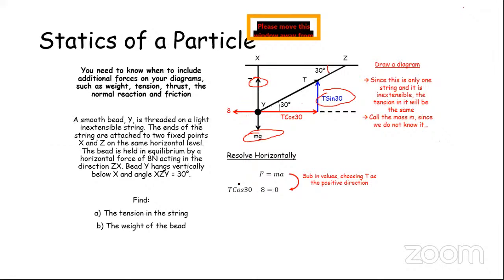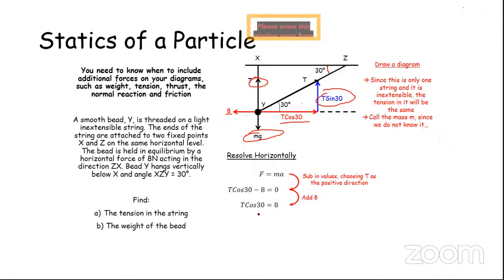So we shall have, horizontally, T cos 30 and 8. So T cos 30 minus 8 is equal to 0.